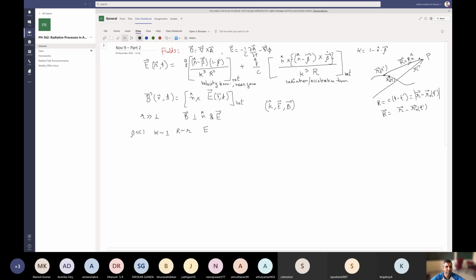Your electric field has the same expression, so n hat minus beta is just n hat because beta is much less than 1. So q n hat by r squared. This is just the electric field due to a point charge, electrostatics basically. So this velocity term is a generalization of Coulomb's law when the charges are not static but moving, and you get Coulomb's law for beta much less than 1.